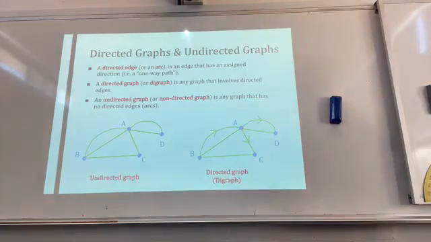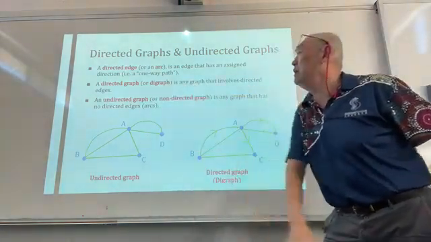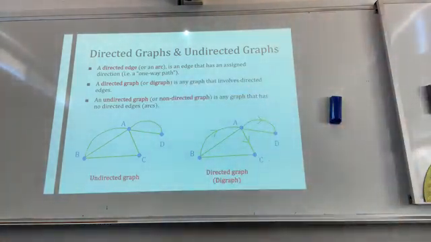So a directed graph or digraph, which is used quite commonly, is any graph that involves directed edges. An undirected graph or non-directed graph is any graph that has no directed edges or arcs. As soon as you see arrows on the edges, it is a directed graph.